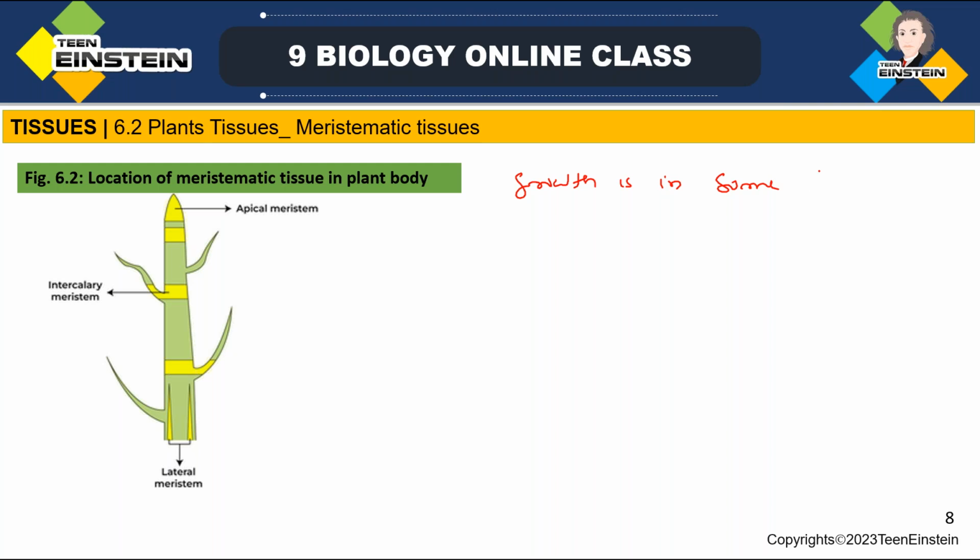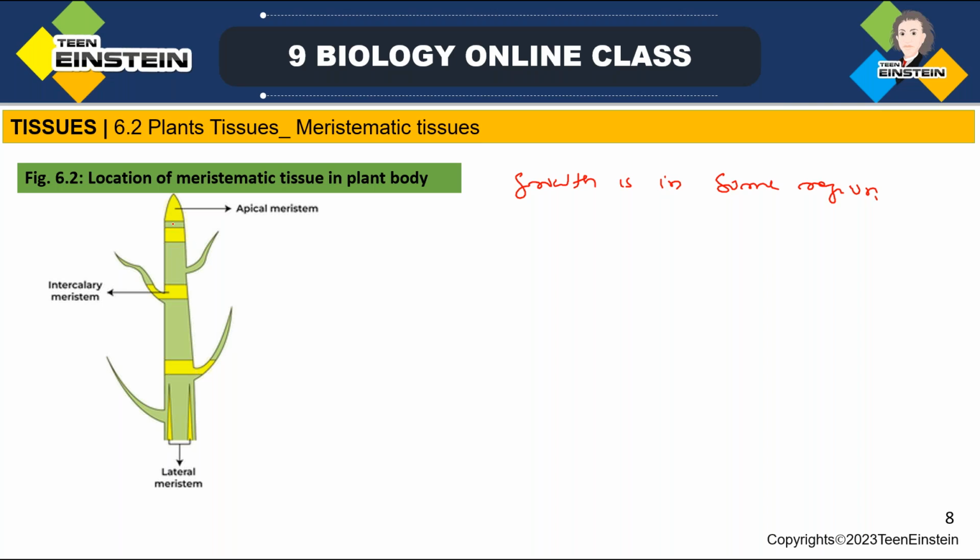It is in some regions, right? Depending upon the region where it is present, the growing or dividing cells, the meristematic tissues, are divided into three. See, plant tissues are divided into meristematic tissue and permanent tissue.